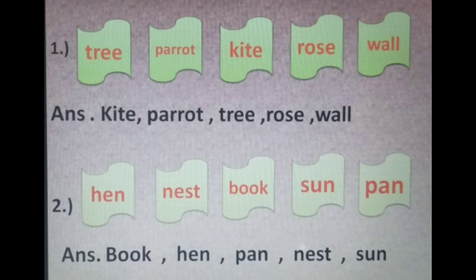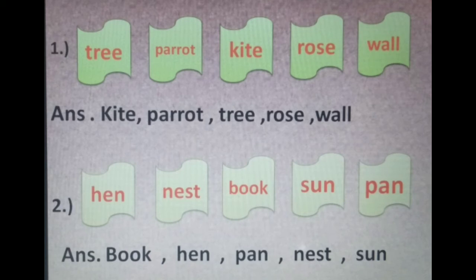You have to write wall, W-A-L-L, wall. Now, we have arranged all the words in alphabetical order. I hope you understand how to arrange the words. Now we will see the second example.